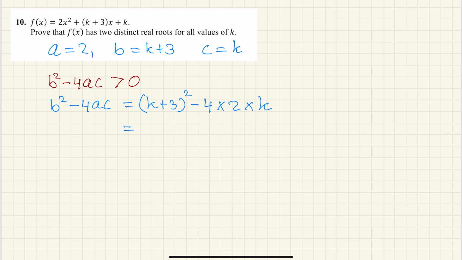We can simplify this expression. Take the square of this bracket. Here we have minus 8k. We can simplify this expression.